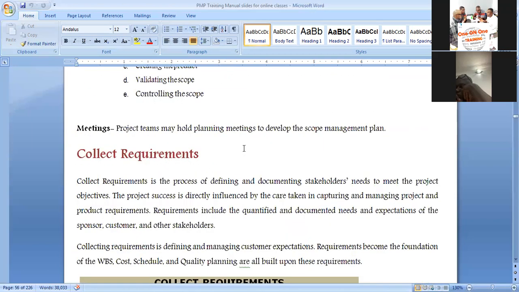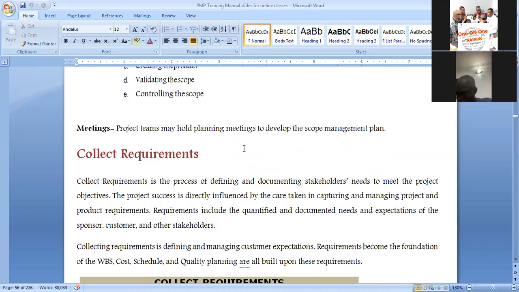Okay, so that brings us to the next phase, once the scope management plan is out, which is collect requirements. In this process of collecting requirements, you are getting in touch with all your stakeholders. We talked about it: it may be the government, your direct client, the sponsor, the community, and sometimes your vendors in the market, most times they are part of your stakeholders.